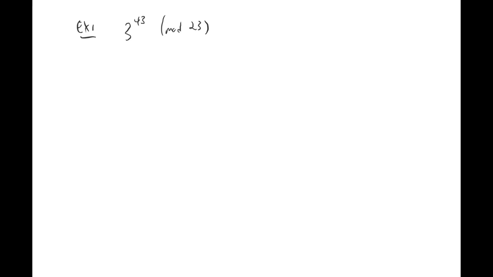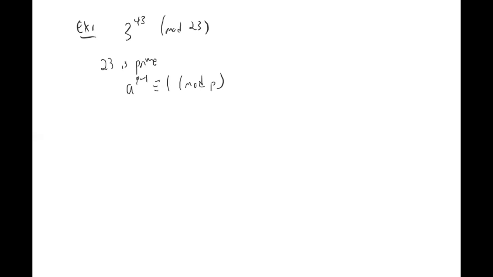But this is doable because I know that 23 is prime, so a to the p minus 1 is congruent to 1 mod p. That was the theorem we just went over. And a is certainly not divisible by 23, so this holds.